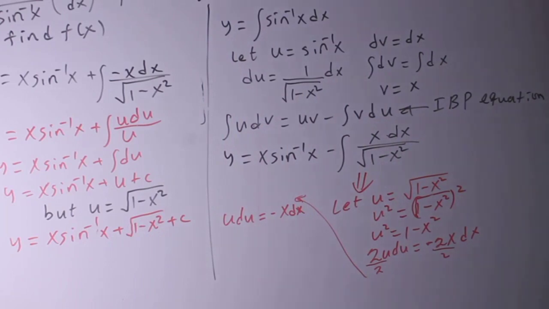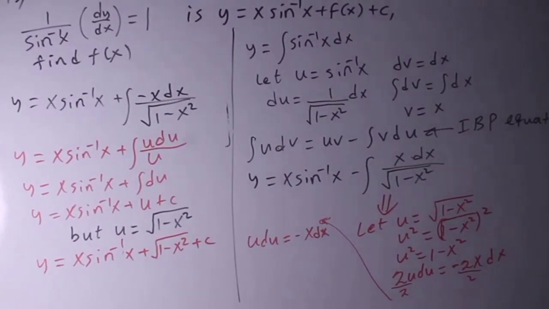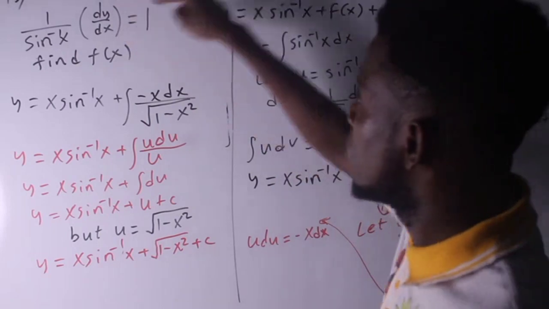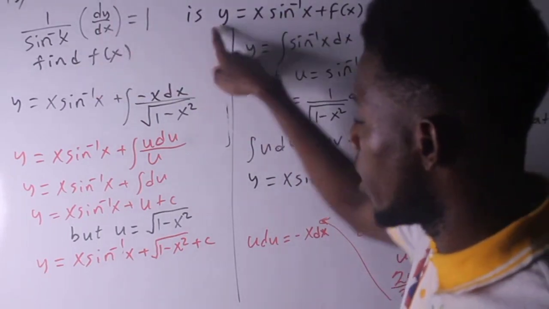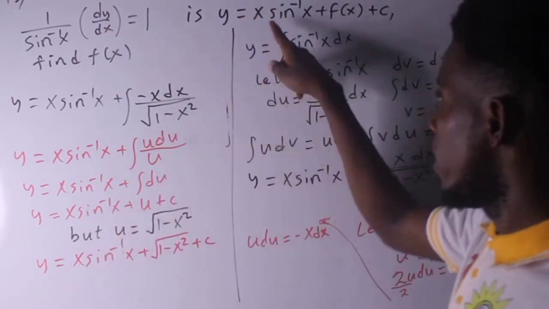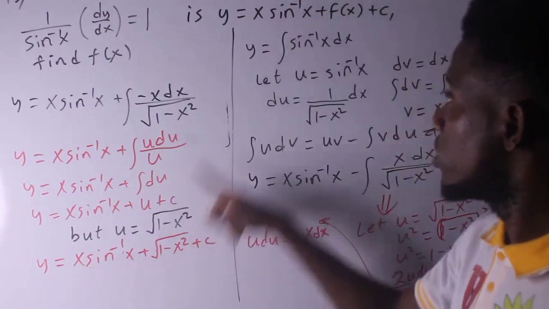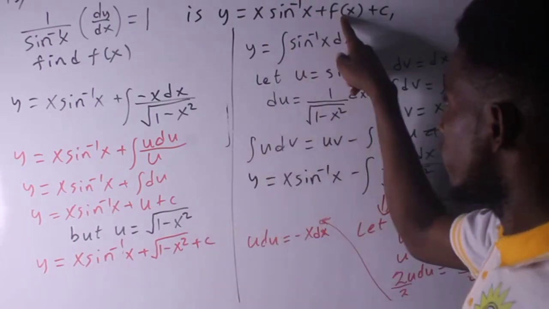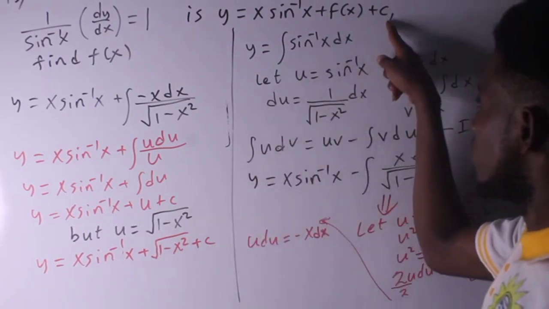Now, that result we just got, we have to compare with the actual solution given. If the solution of this differential equation is this, find L of x. So let's compare. We have y equals x sine inverse of x plus L of x, the square root of 1 minus x squared, and then c.